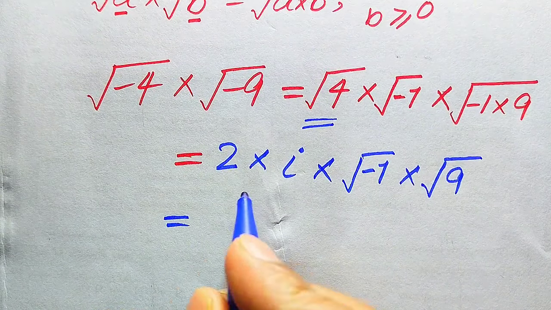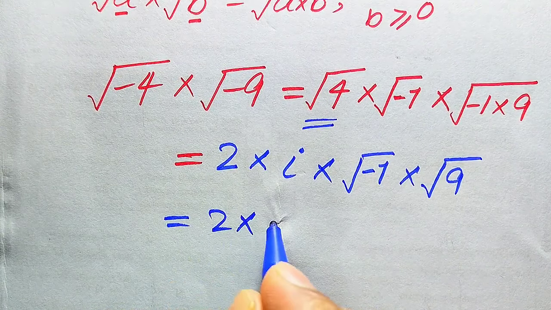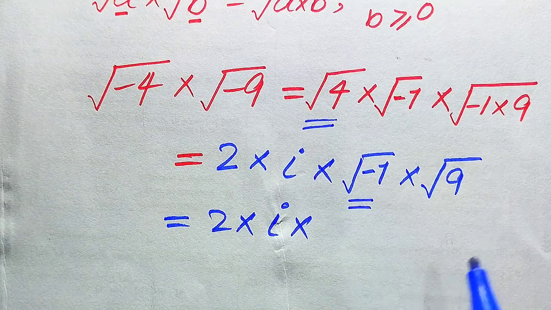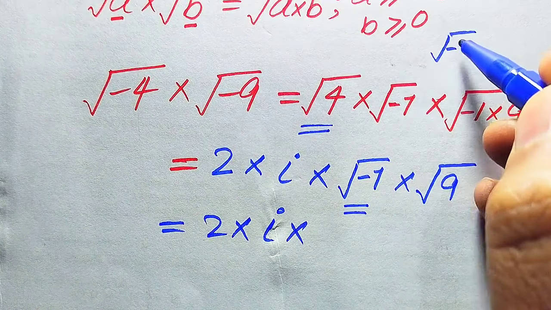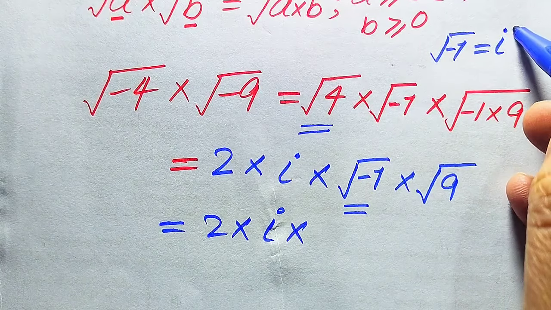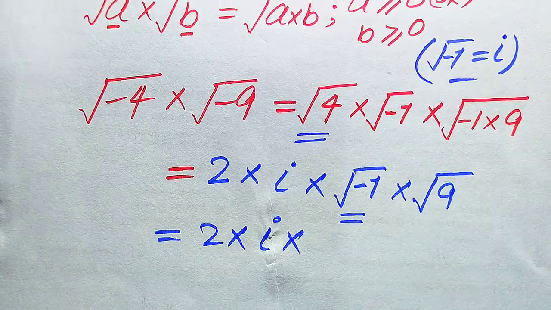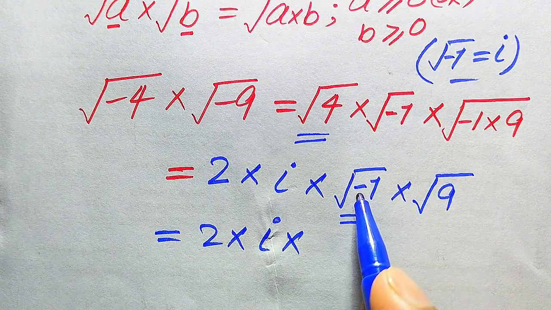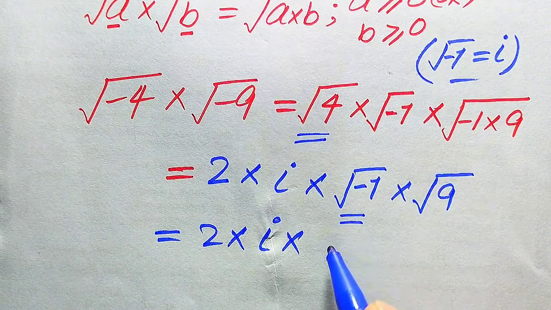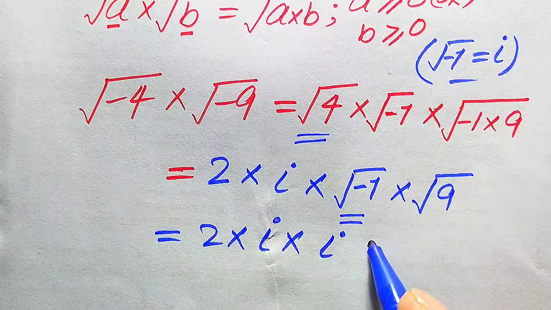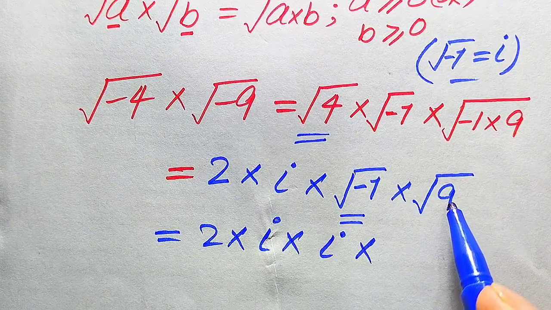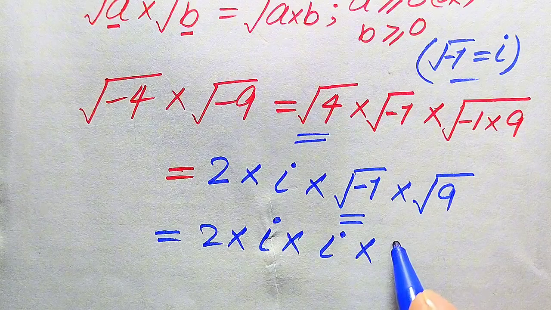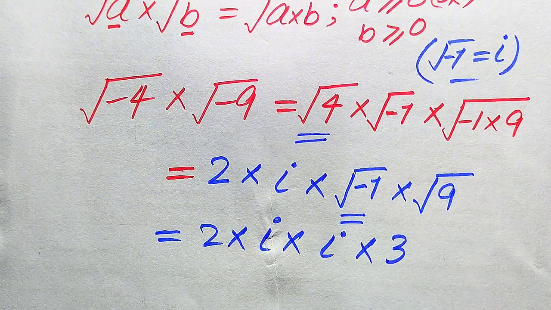In the next step we have 2 multiplied by iota multiplied by the square root of minus 1, and we know that the square root of minus 1 is equal to iota. So we again use this definition of the imaginary number. The square root of minus 1 becomes iota, multiplied by the square root of 9, and the square root of 9 becomes 3.